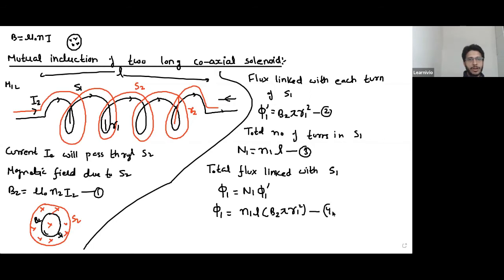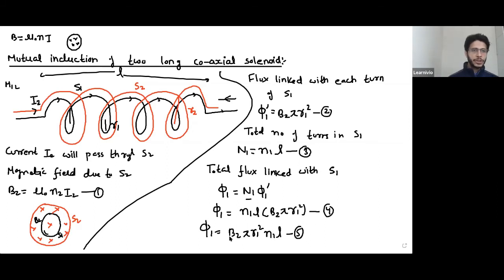That's equation number 4, right? The total flux linked with S1 is the total number of turns in S1 multiplied by the flux with each turn. So that's N1L into B2 pi R1 square. So the total flux is B2 pi R1 square N1L. That is equation number 5.